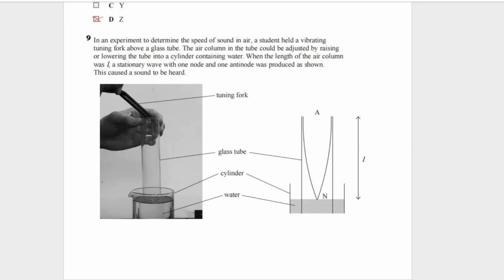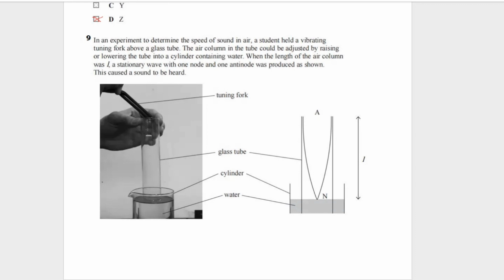When the length of the air column was L, a stationary wave with one node and one antinode was produced as shown. This caused a sound to be heard. So this is a tuning fork, here is the glass tube, and here is the cylinder containing water.